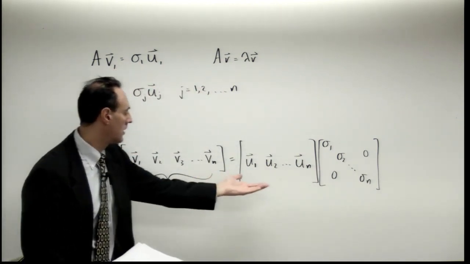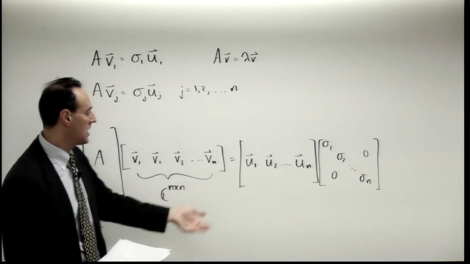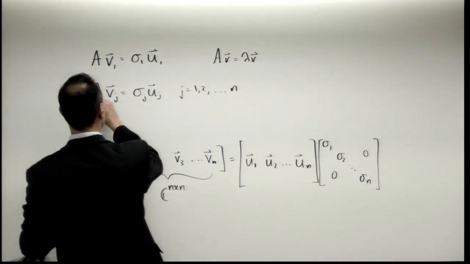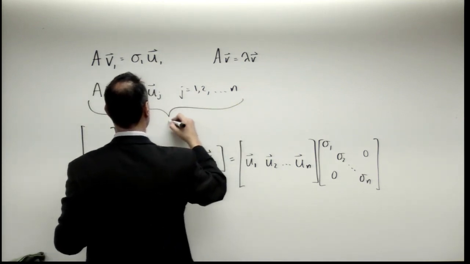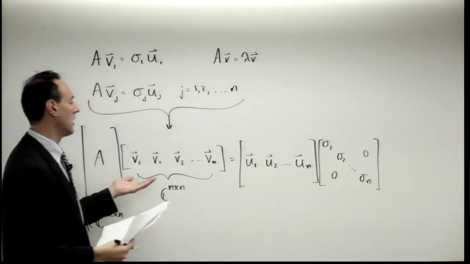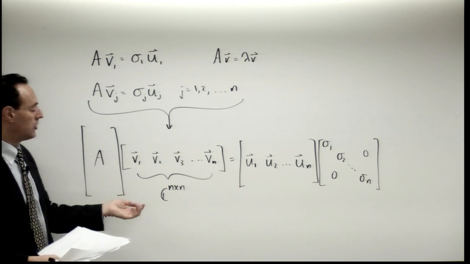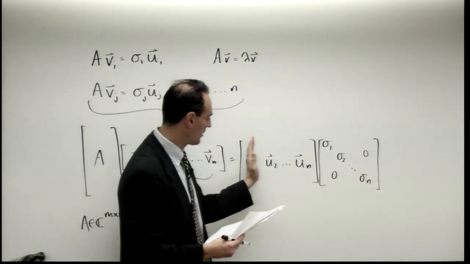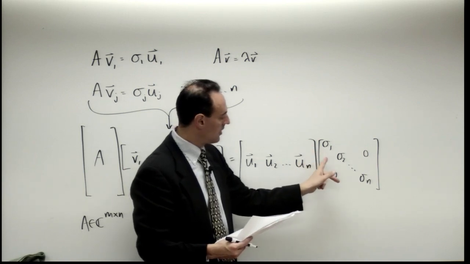So this here is a nice representation of all of these together. This set of equations can be very conveniently represented this way. You take all the V vectors and stack them in columns. Take all the U vectors and stack them in columns.